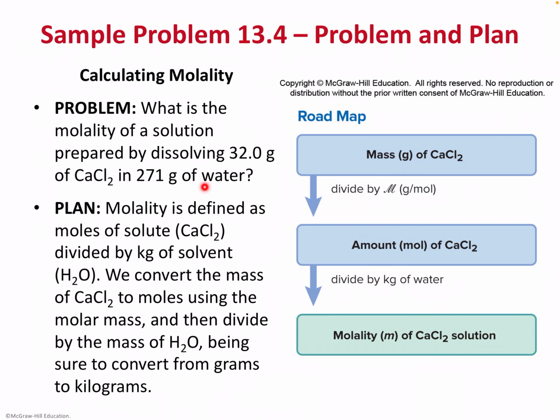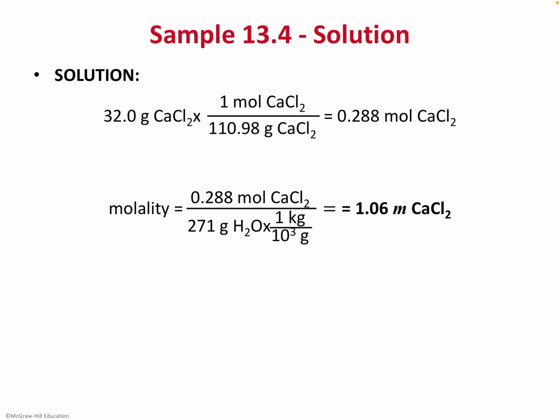So our solute is calcium chloride, given as 32 grams. We need to convert grams into moles using the molar mass. Then you divide it by the water, the solvent, in kilograms, converting 271 grams into kilograms. That will give us the molality.